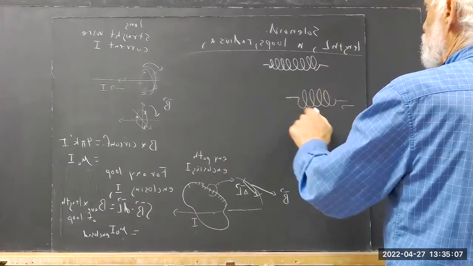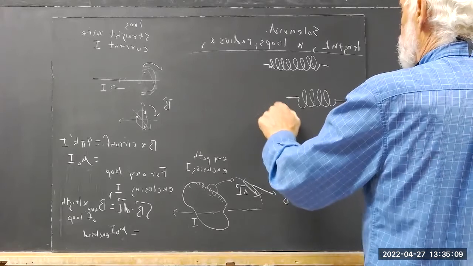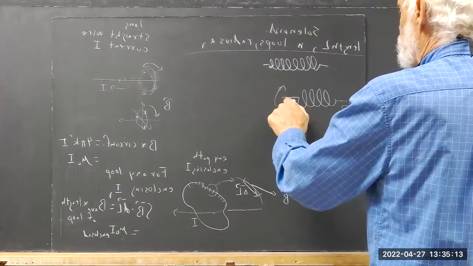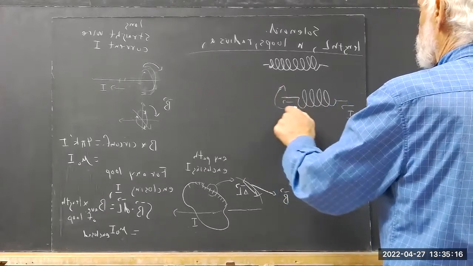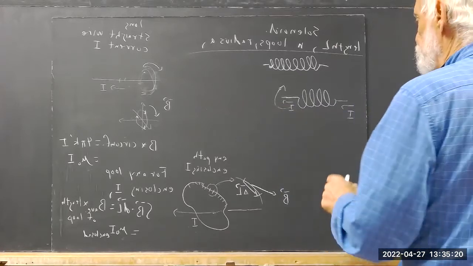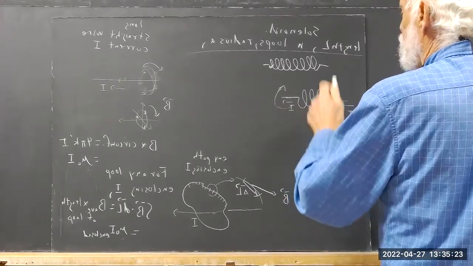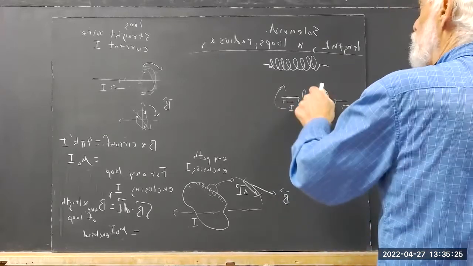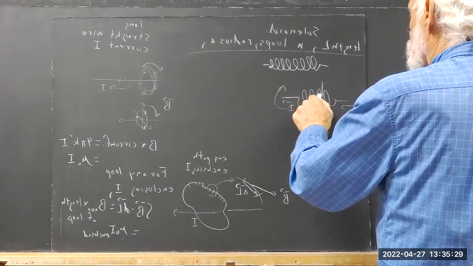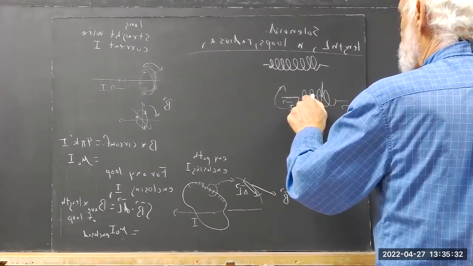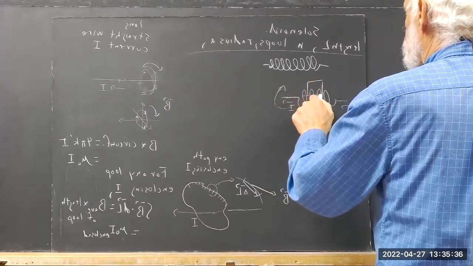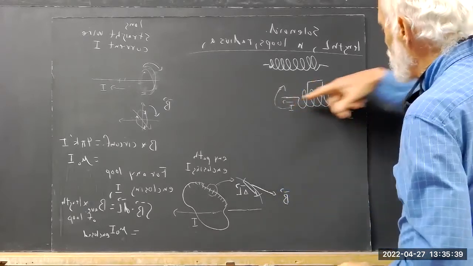So maybe the direction of the current is like so. This is not a very good picture. The point is, you can draw a path through these loops. So let's just say a couple of loops. You've got a path that comes down here and passes through the loops.